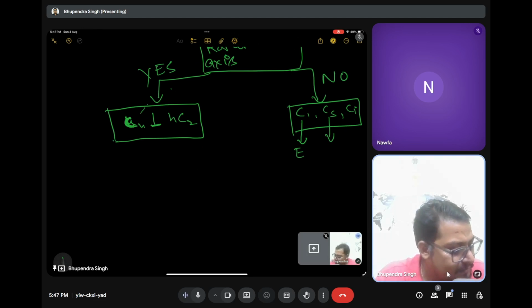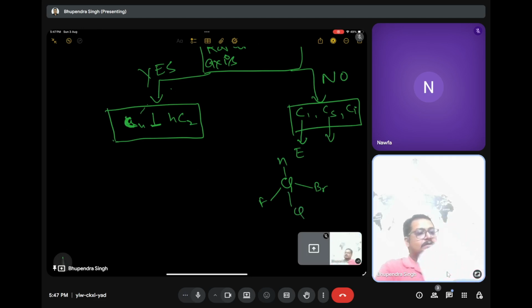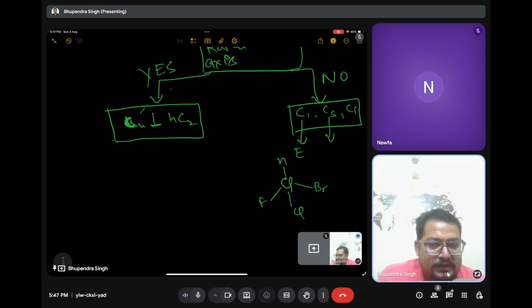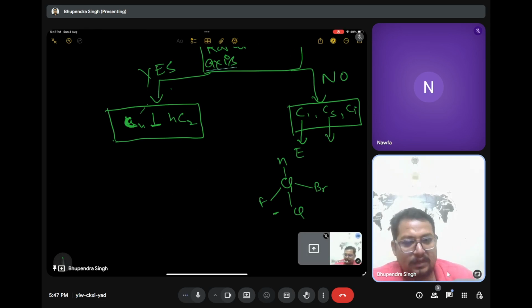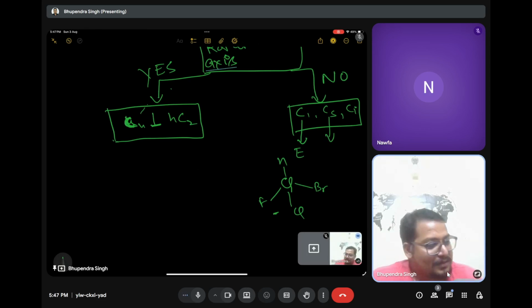C1 is like, let's say, this molecule. See, C1 is this. So you will not find any other symmetry element in this molecule except the identity element, or if you rotate this molecule by 360 degrees, you are basically doing nothing.